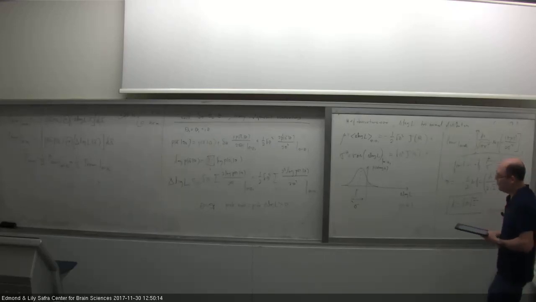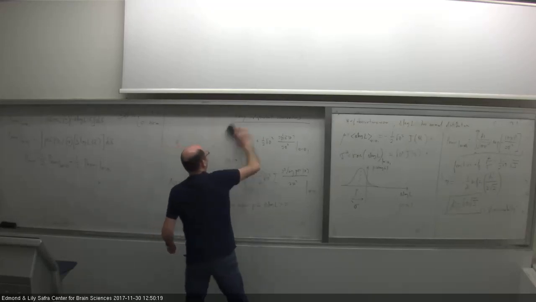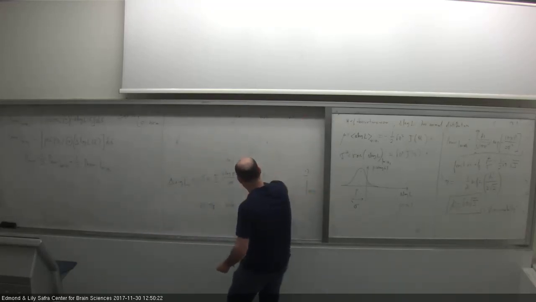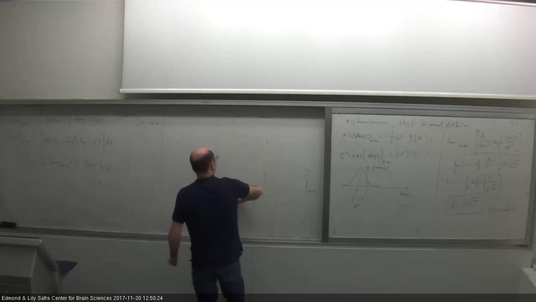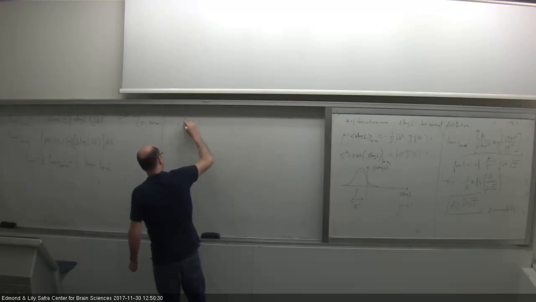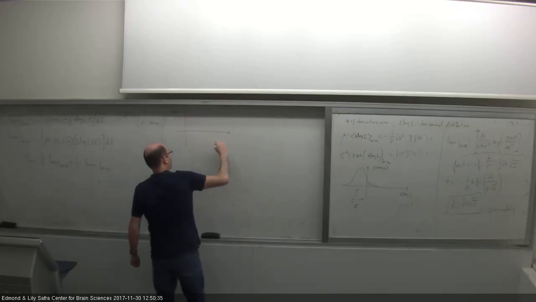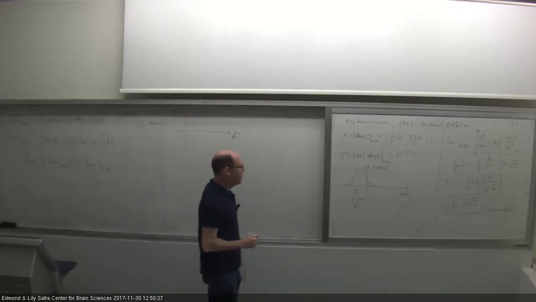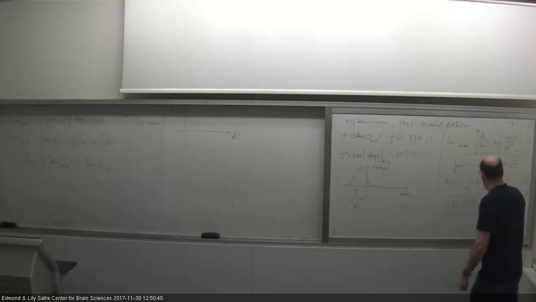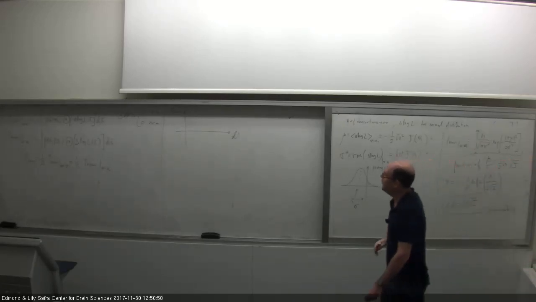So how does this function look as a function of d prime? When d prime is very small, we have here half the error function of a very small variable, and for very small variables, the complementary error function approaches 1. So the probability of error is half.